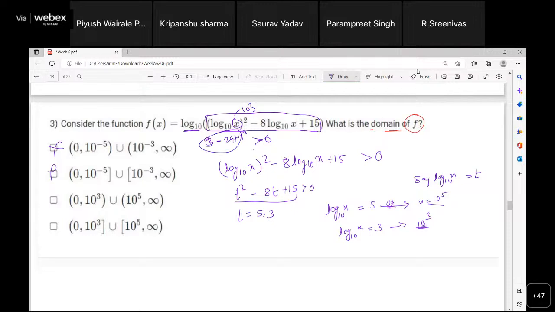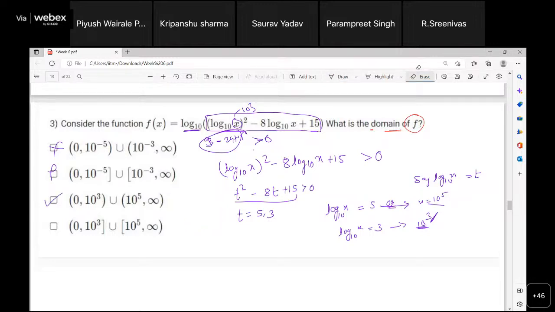It is 0, right? So do we need to include this or exclude it? Exclude. Okay, so in between 10 to the power 3 and 10 to the power 5, my function is not valid, right? Between these, the value of the function becomes negative. So that's why option C is correct.